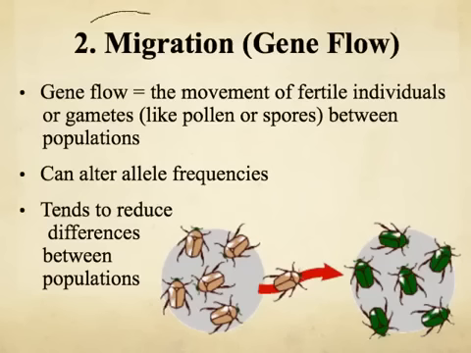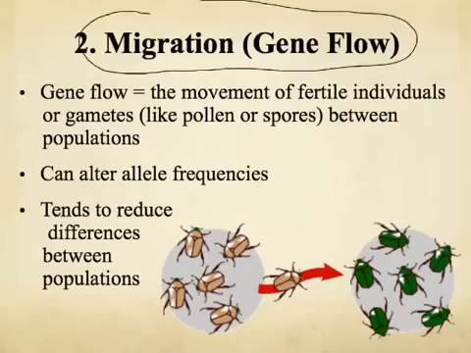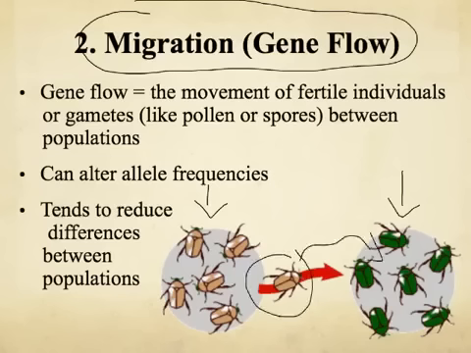The second thing that can introduce change into a gene pool is migration. So maybe I have one population over here of beetles that's mostly brown, and one over here that's all green. If I get one brown beetle to migrate into this green population, well, now I've changed the makeup of this population. Now I have some brown where I didn't before.